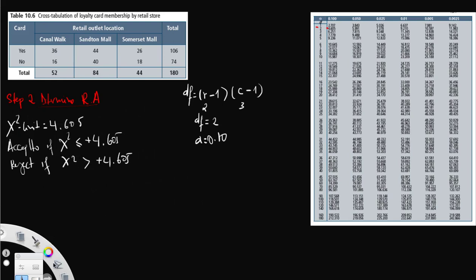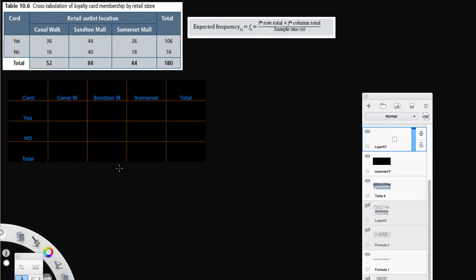Now let's go to our fun stuff where we're going to look at the calculation of the sample test statistic. As you remember, the first thing that we need to do is to work out our expected frequency. I'll begin by just rewriting my totals because those will not change. From there, I'll apply this formula where we take the ith row total times the jth column total and divide by the sample size.